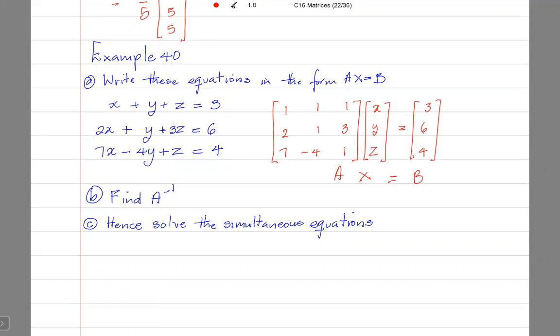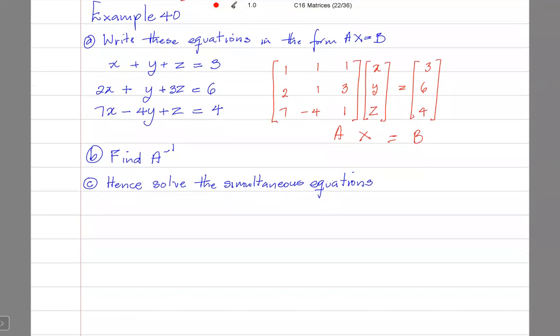A is the coefficient matrix. We're asked to find A inverse.